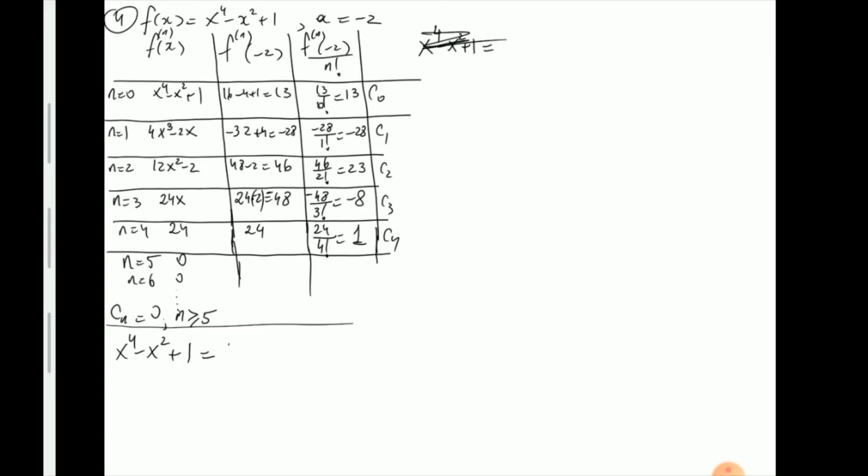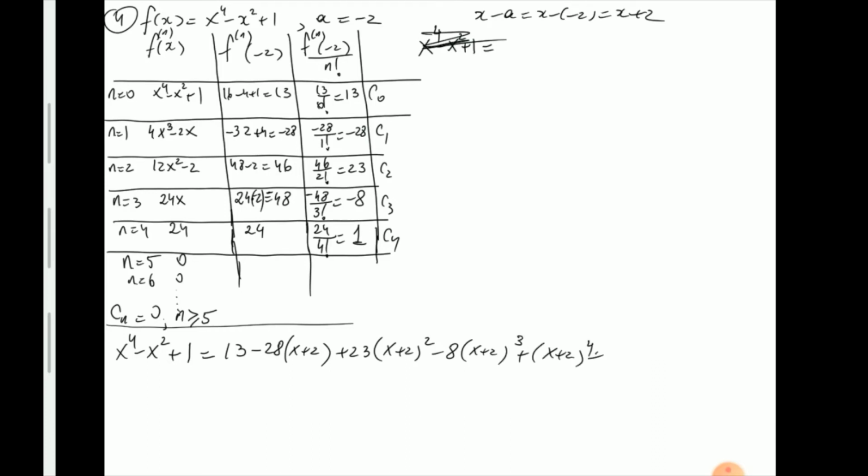It's going to be 13 minus 28 times (x minus a), in my case now x plus 2. Notice this as well, so it's minus 28 times (x plus 2). Then it's plus 23 times (x plus 2) squared, minus 8 times (x plus 2) to the power 3, plus (x plus 2) to the power 4. And then the rest of them will be just 0, which we won't write down.